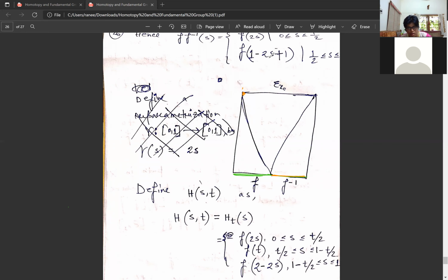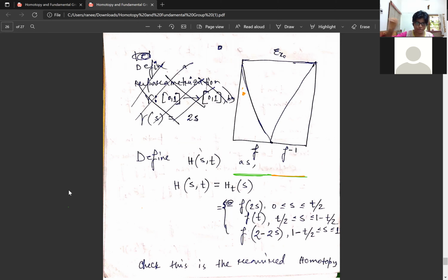if you see the homotopy, I defined f of 2s for, okay, so the homotopy is with s comma t. At each time t, let's say t is constant, t is now fixed.